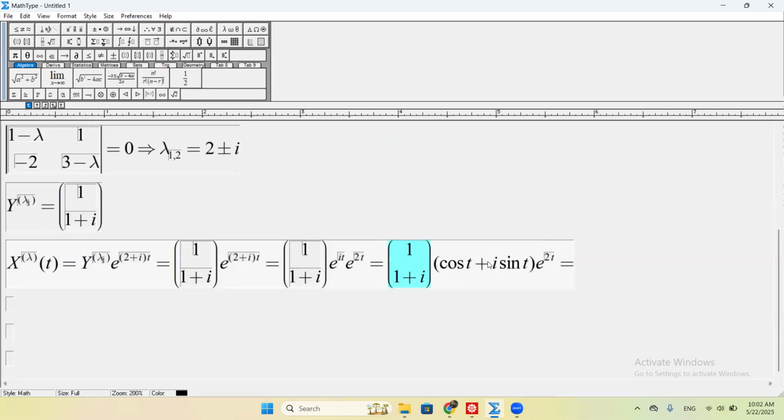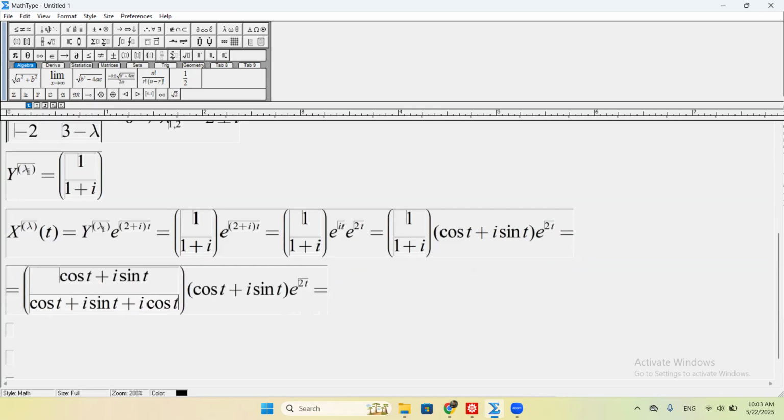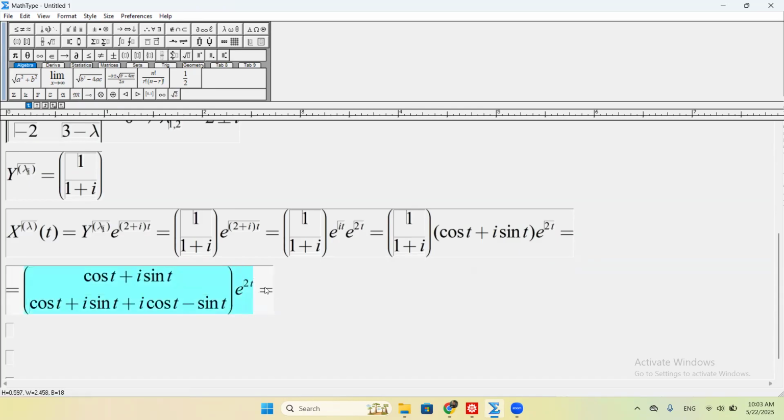Then I will move cosine and sine under this vector. So moving it here, cosine of t plus i sine of t, and here I will have cosine of t plus i sine of t, then plus i times cosine of t minus sine of t, and everything multiplied by e to the power of 2t.